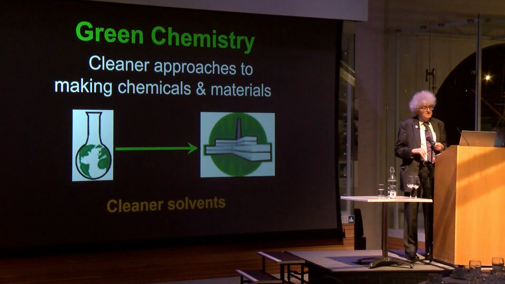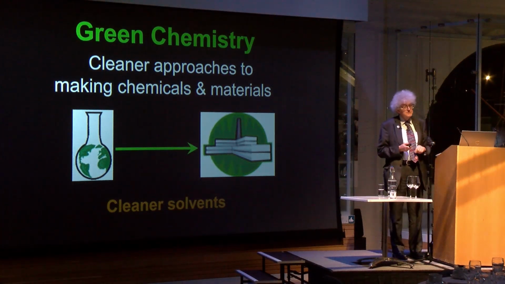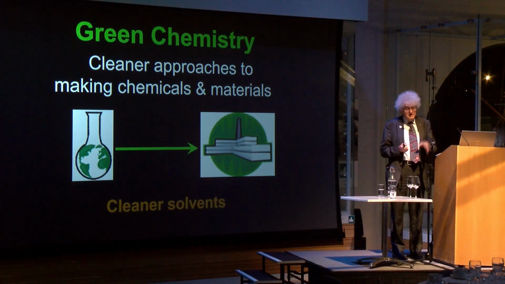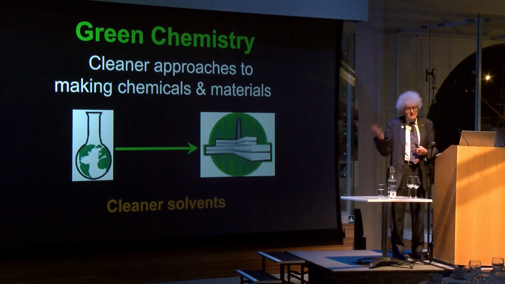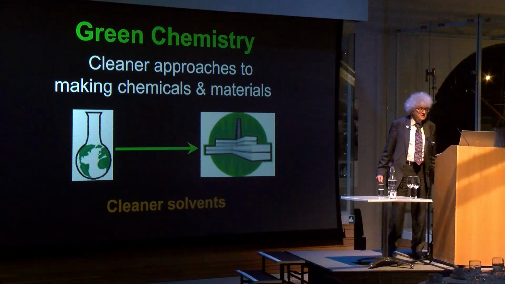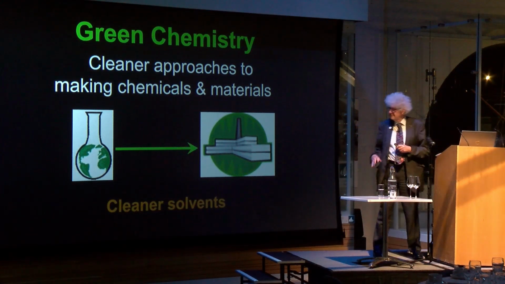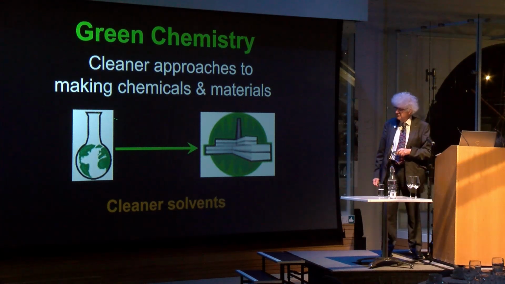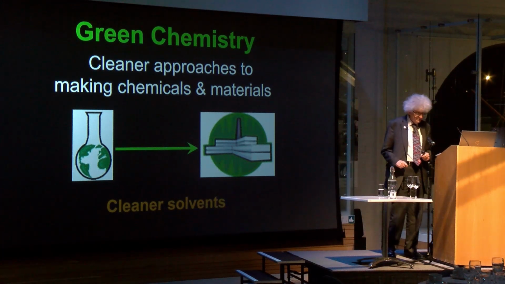At the same time, green chemistry was invented in the United States. Green chemistry, as was mentioned in the introduction, is a cleaner approach to making chemicals and materials. The idea is that you do something in the lab and then get it into industry on a large scale.